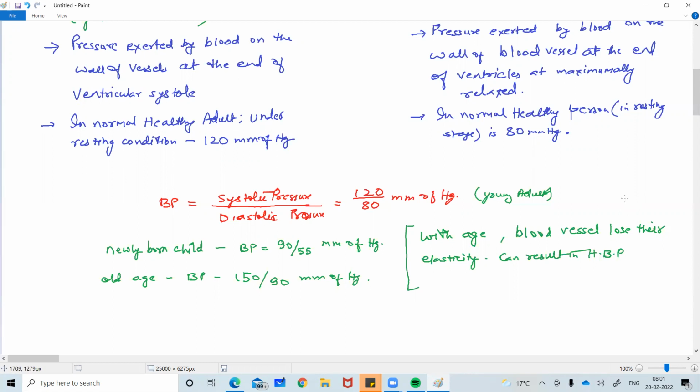Sometimes calcium gets deposited in the blood vessels, which causes arteriosclerosis, a condition in which blood vessels are deposited by calcium. So that condition is called arteriosclerosis.